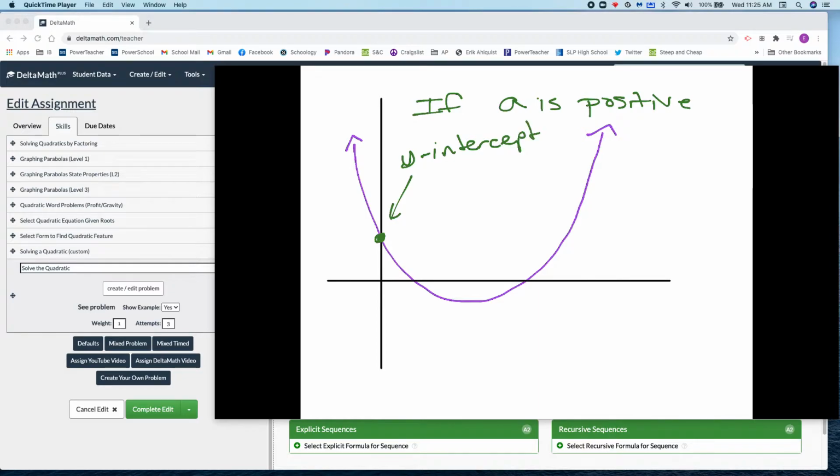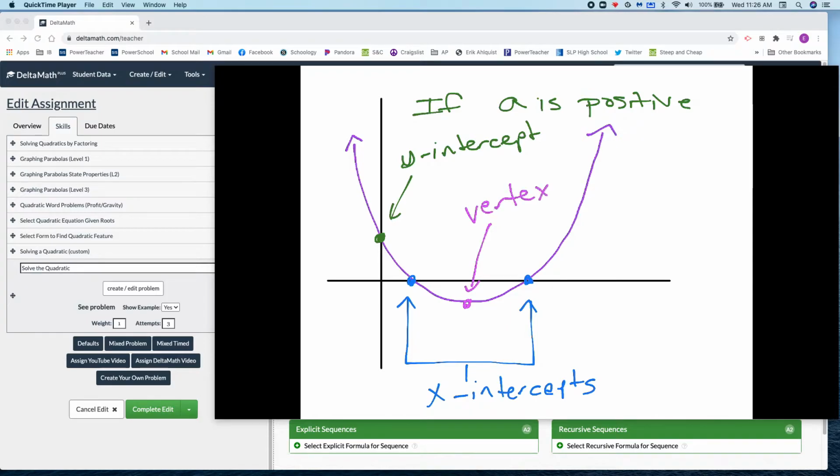That's what you get from standard form. These two values are the x-intercepts. You're going to get that from intercept form or factored form. Notice that this piece right here is the vertex. So that's if a is positive.